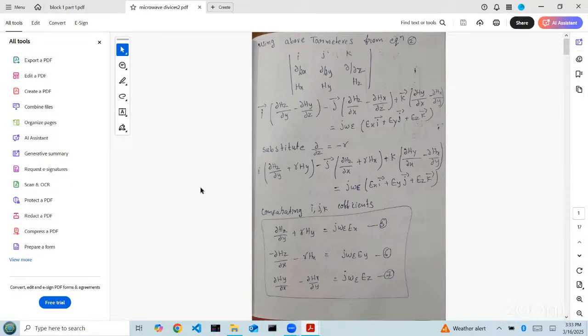Del cross H is represented as this matrix. How will we do the matrix multiplication?